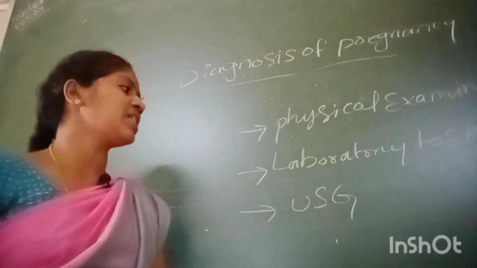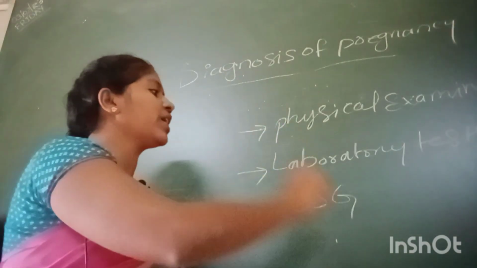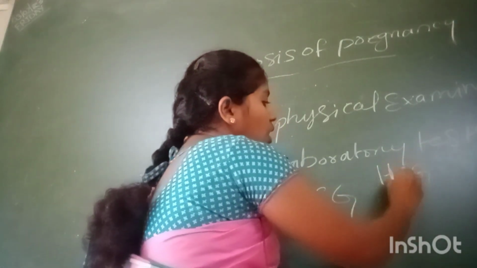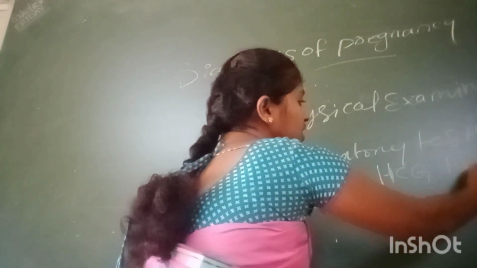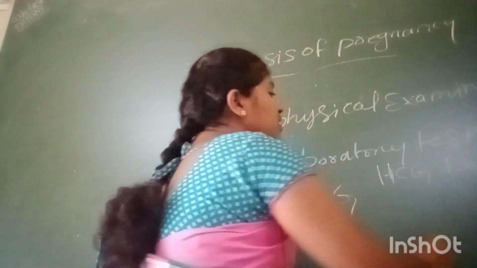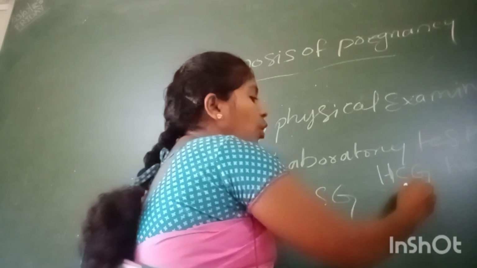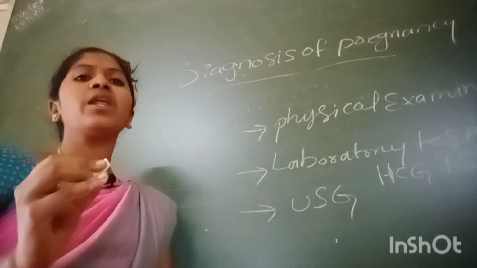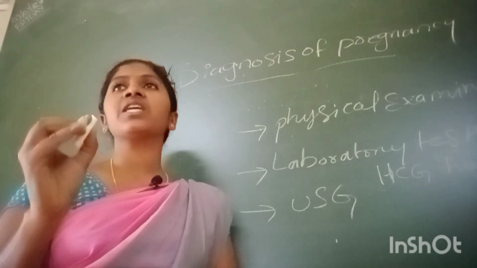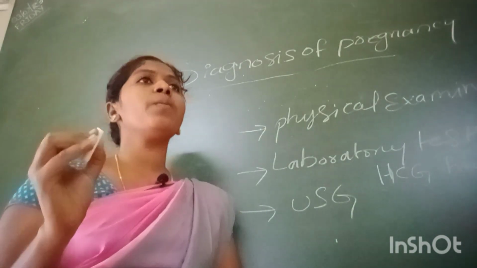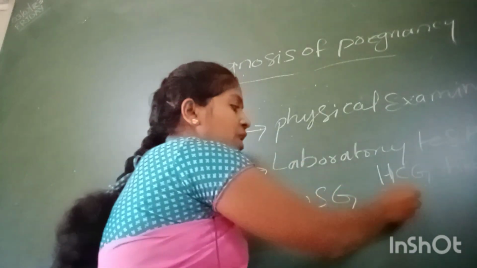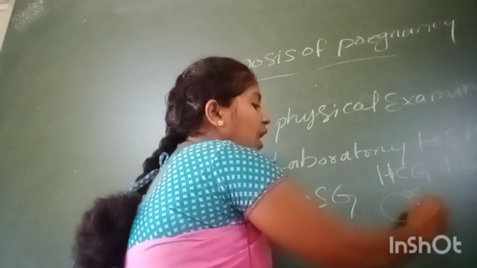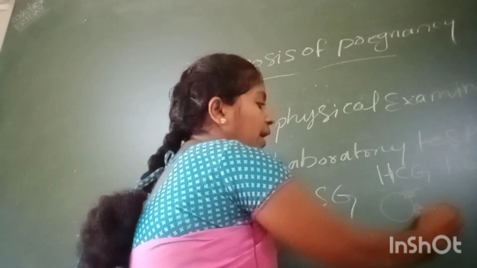And laboratory tests. Under the laboratory tests, HCG. What do you mean by HCG? Human chorionic gonadotropin hormone. I explained to you that in the initial stage of pregnancy, human chorionic gonadotropin is released by the chorionic villi.